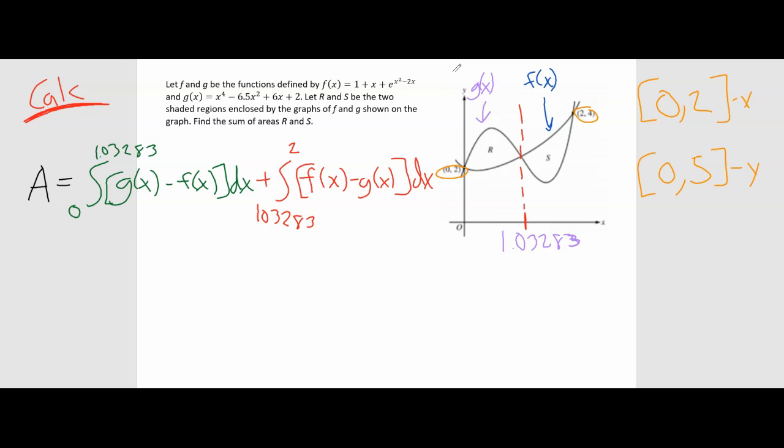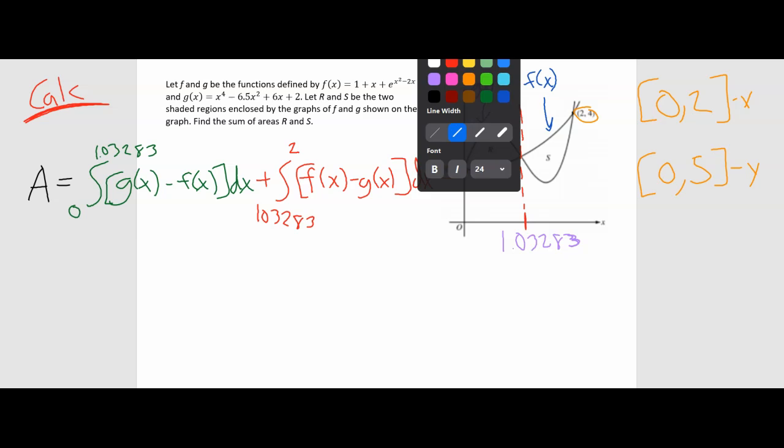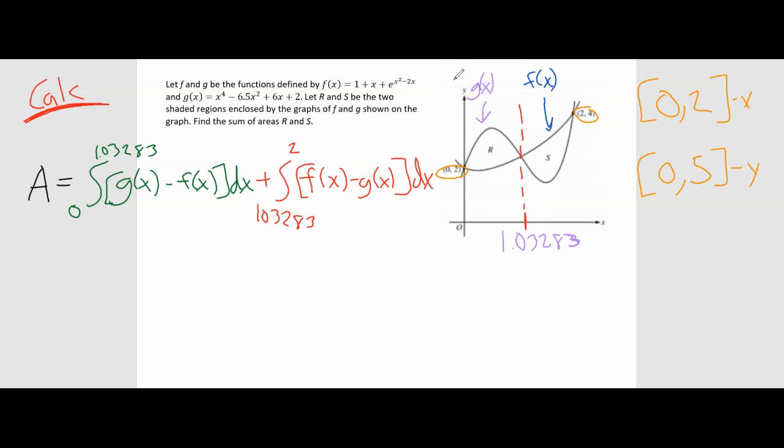You can rewrite g of x and f of x in terms of what they actually are, or you could just, because they are defined up above, jump straight to the calculator and give a final answer. I would encourage you to work through these on your own, but we do end up getting approximately 2.004 as our area here.